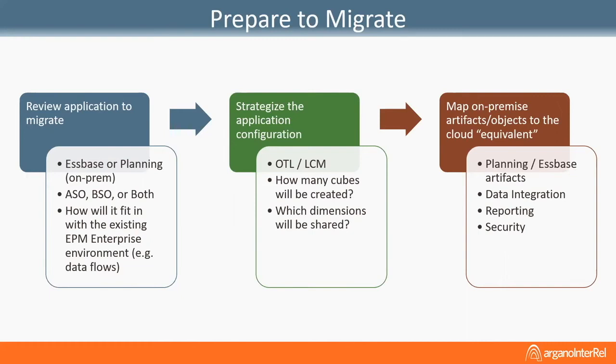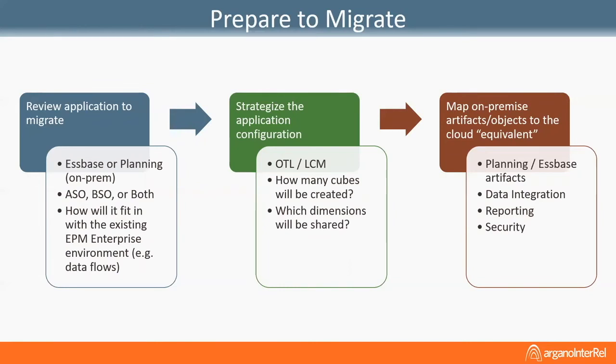To migrate that security, you're going to have to do it in pieces, and like I said, you can leverage a lot of the exports that are provided through your on-premise application. Now there might be some artifacts that you might have to completely replace. For instance, Essbase filters.